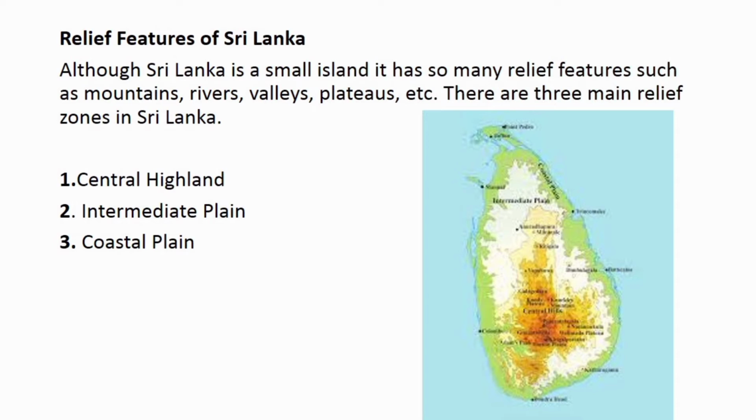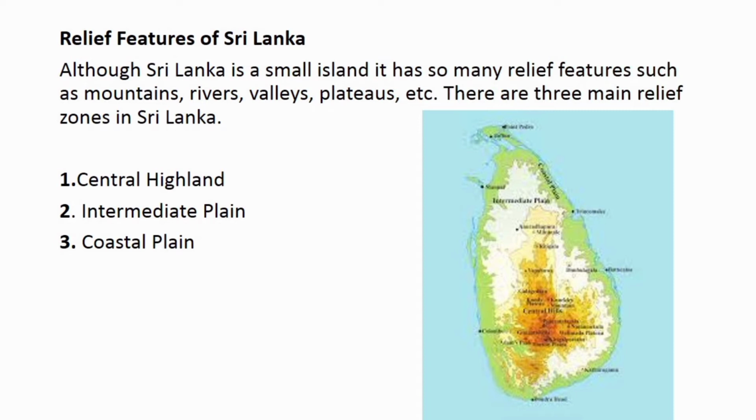Okay, now let's study relief features of our country. Although Sri Lanka is a small island, it has lot of relief features. In Sri Lanka, we can mainly identify 3 relief zones.